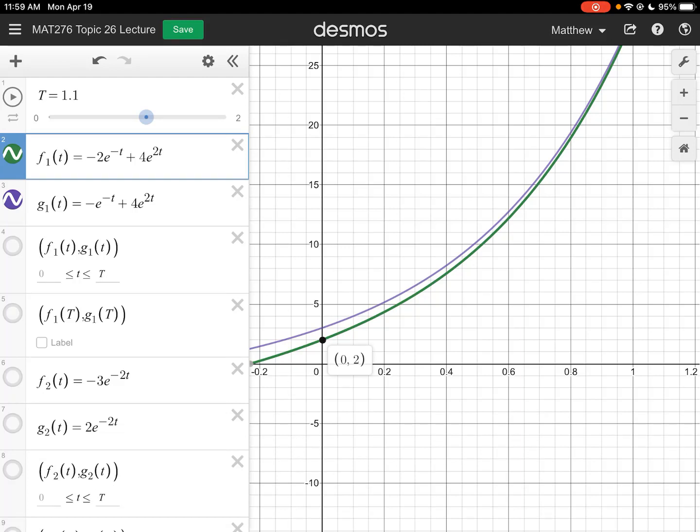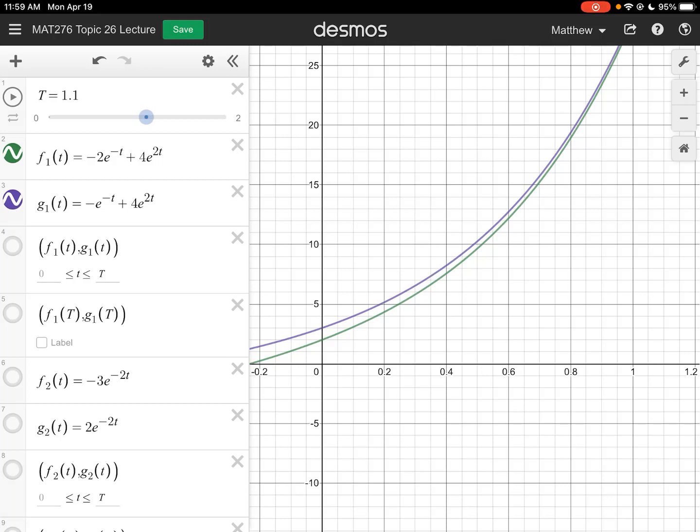So at time 0, the green tells us that x should be 2, and the purple tells us that at time 0, y should be 3. Make sure we're interpreting that correctly. And then as time moves on, the x and y coordinates approach each other, meaning that the outputs approach the same value as t moves on to infinity.